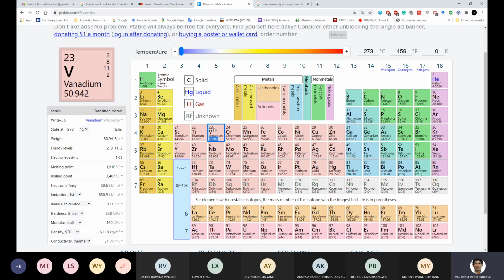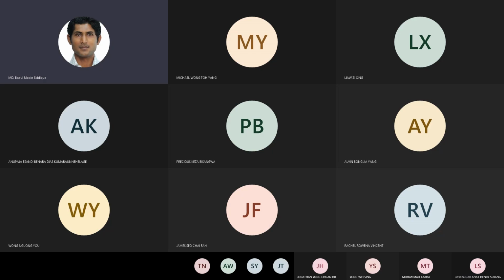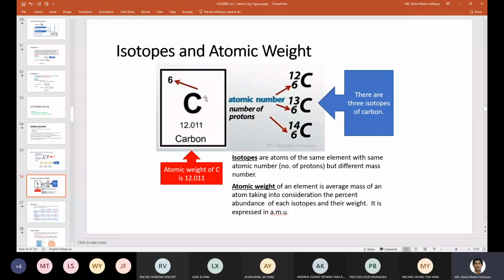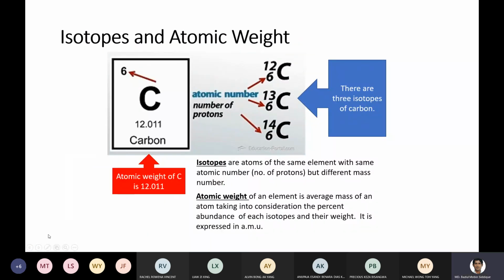So this is the proton number and the mass number. Let's go back to our slide here, and we see that for carbon, 6 is the proton number and 12.011 is the mass number.